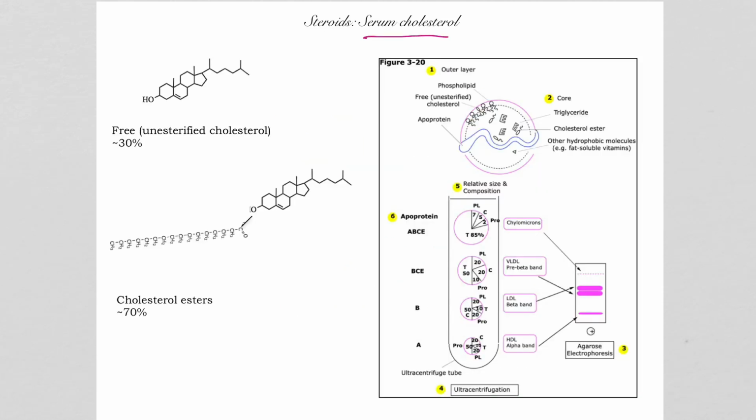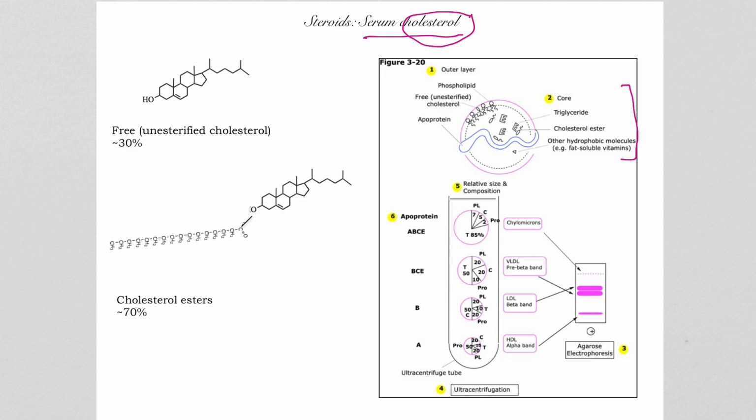Serum cholesterol is a common test, so it is good to know a little about the nature of cholesterol in serum. Cholesterol is not water soluble, so it is transported in serum in the form of lipoproteins. There are two types of cholesterol in these lipoproteins.